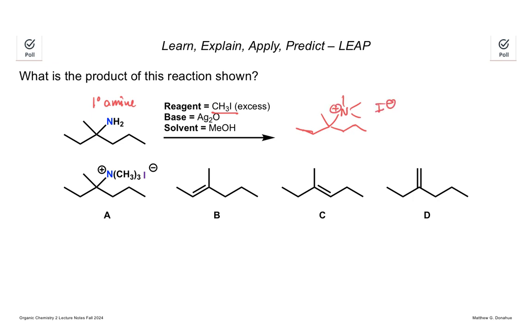So we're looking at all of the alpha carbons. Here we have 1, 2, 3 alpha carbons. The one with the most hydrogens is going to be this methyl group, so that's where the elimination will take place. The double bond has to start at carbon 3, go to that methyl group, and we would get D as the correct response.